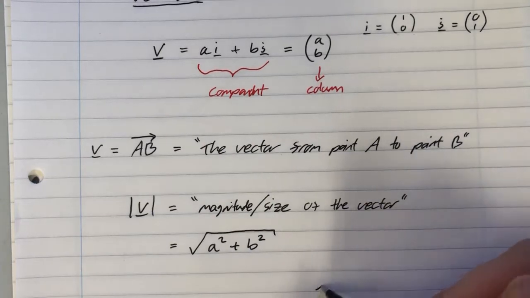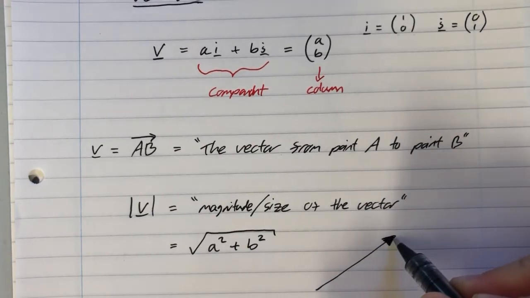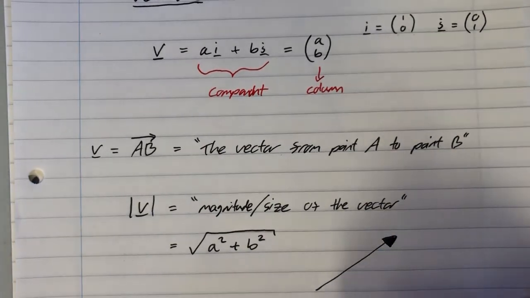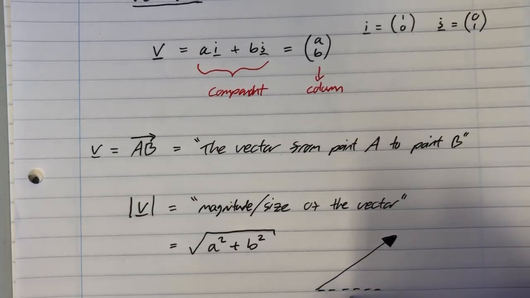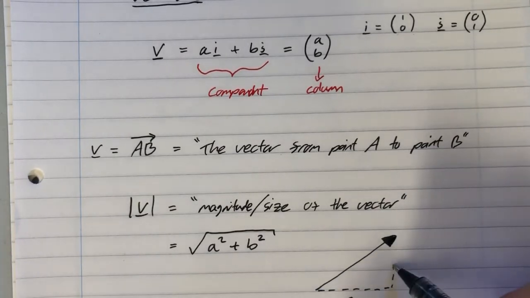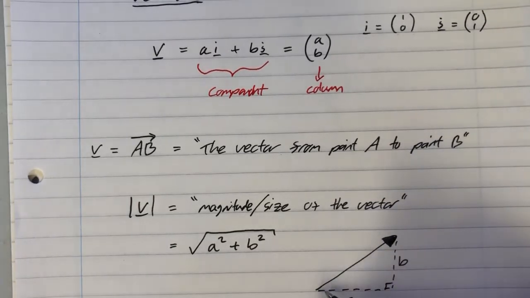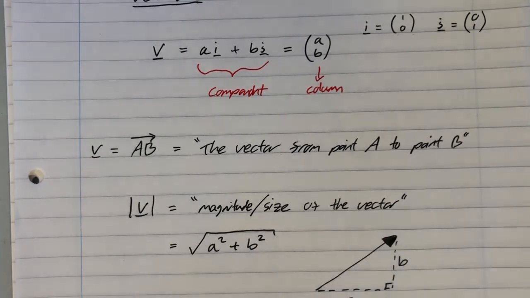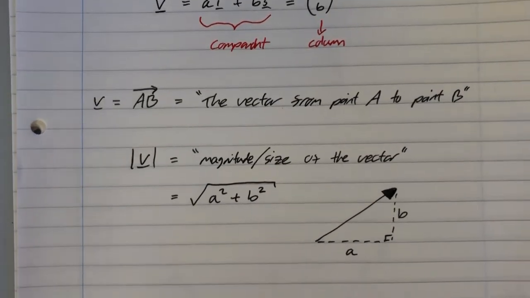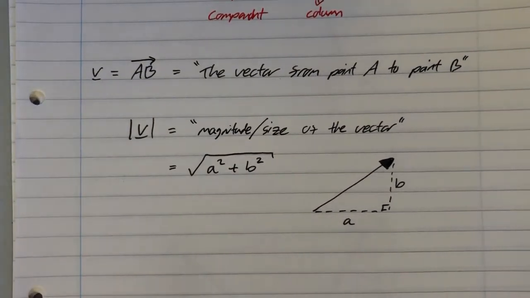Because what a vector is essentially can be depicted as an arrow, where it's moving a horizontally and it's moving b vertically. So the size of it is defined as the length of that arrow. And by Pythagoras' theorem, we can apply Pythagoras' equation and get the length of the line is the square root of a squared plus b squared.